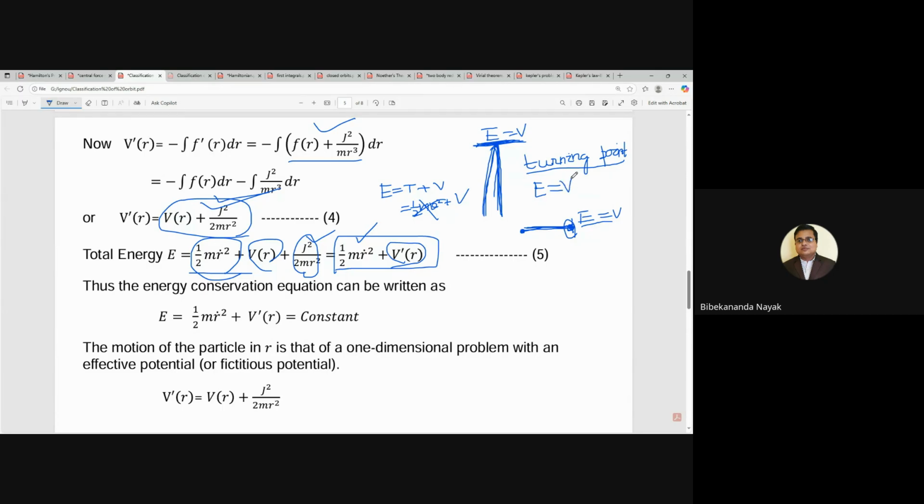Total energy becoming potential means the motion changes direction. It is the turning point. Okay? So at the turning point, this term is zero: half m r dot square, velocity zero. So half m r dot square is zero, and E is equal to only V prime r for central force motion. In general motion, E is equal to V. For central force motion, we say E equal to V prime r is a turning point.